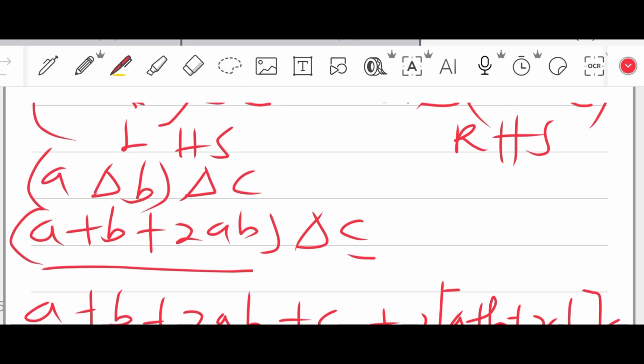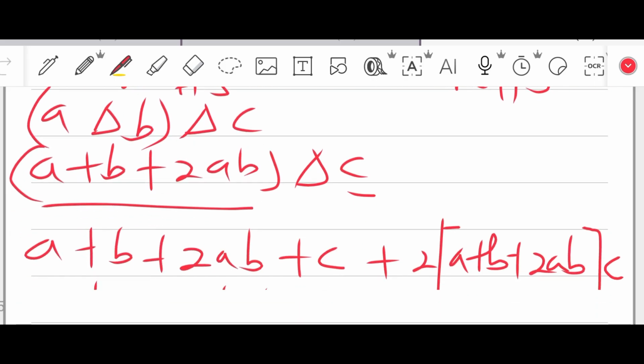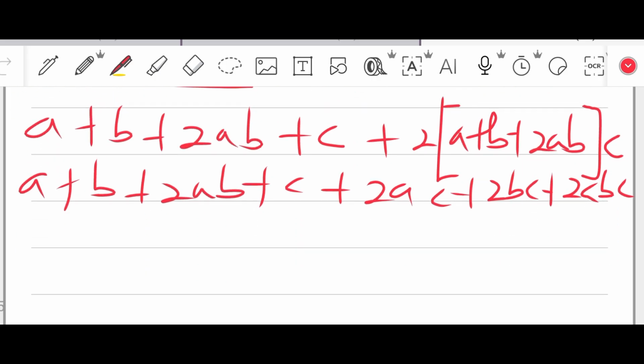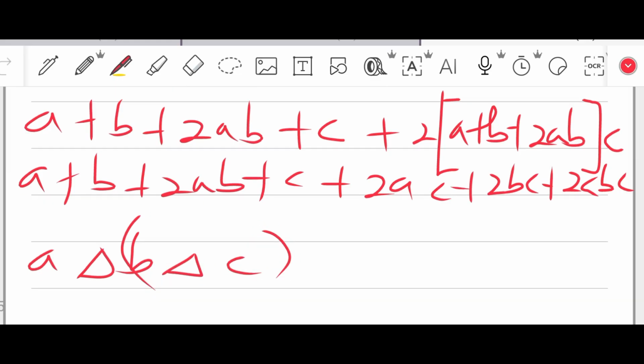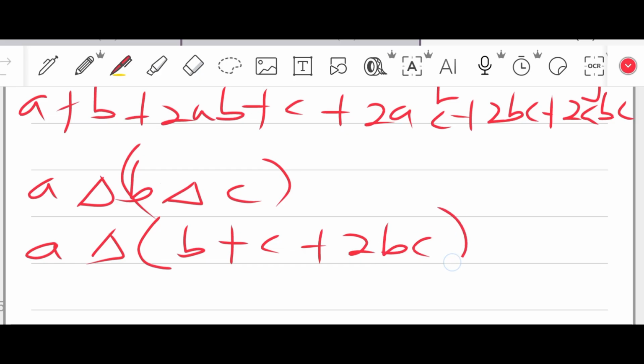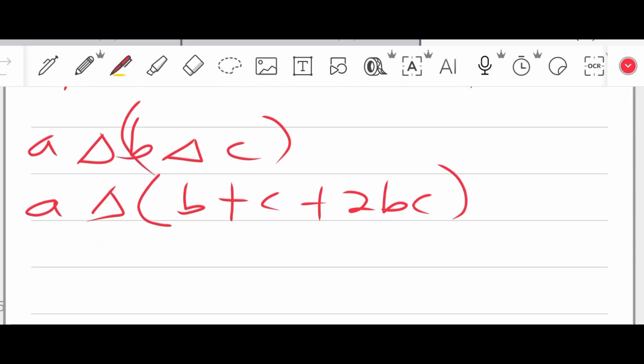Let's go and bring our right hand side. For our right hand side, we have A operation B operation C, doing the last two first. So we have A operation, according to the rule, B plus C plus 2BC. Right, so we continue. The operation sign is still here. A becomes our first term, and this whole thing becomes our second term.